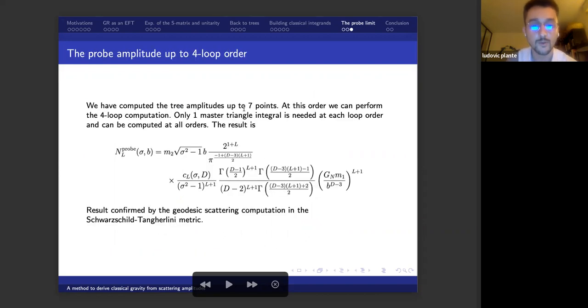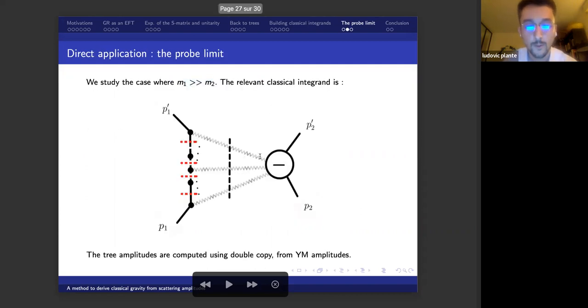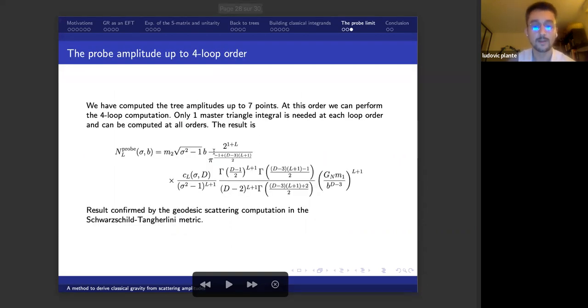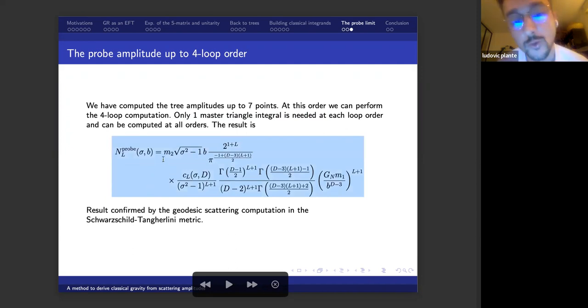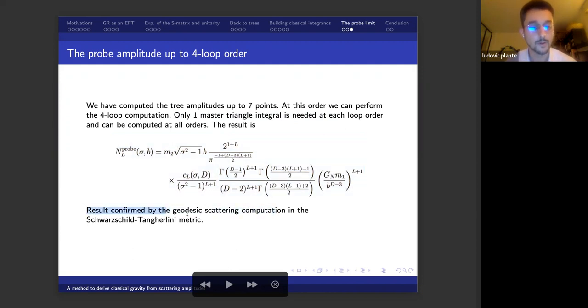This is what we did up to 7 points. So you compute the tree amplitudes that emit 2, 3, 4, and 5 gravitons, so you have up to 7 points. And then you multiply them, write it as an integrand and integrate. The good thing with the probe problem is that you have only one master integral at each order, which is just the triangle master integral. And you can compute N up to the four loop order. And we get a match with the computation from the geodesic motion in the Schwarzschild metric.